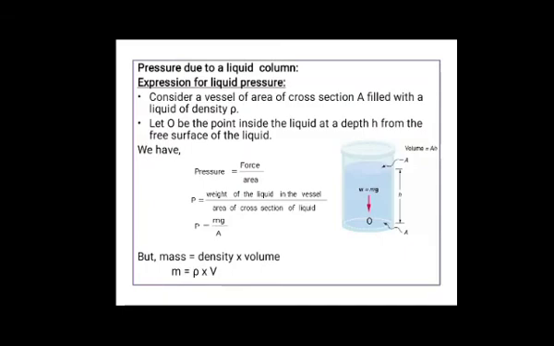Notation for mass: m is equal to rho into V. So instead of m in the equation we can substitute rho into V. But what about this volume? We know that volume, in this case, is area into height.